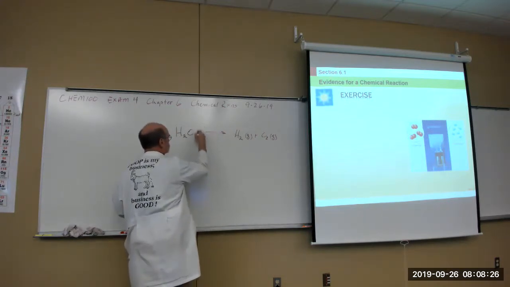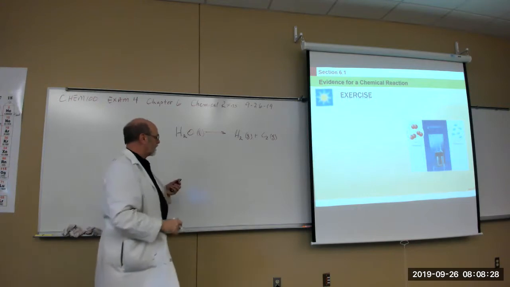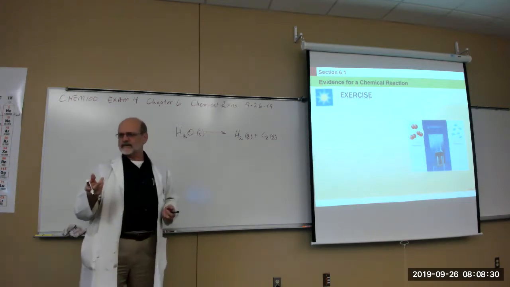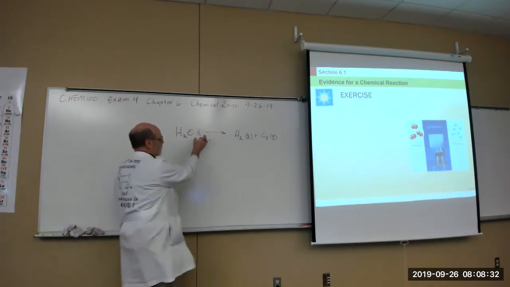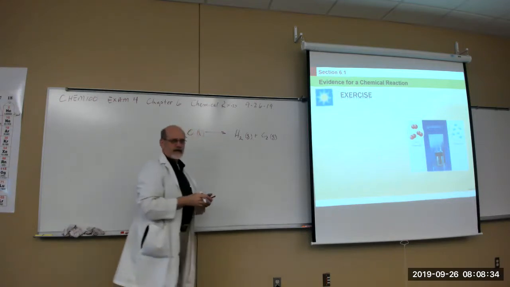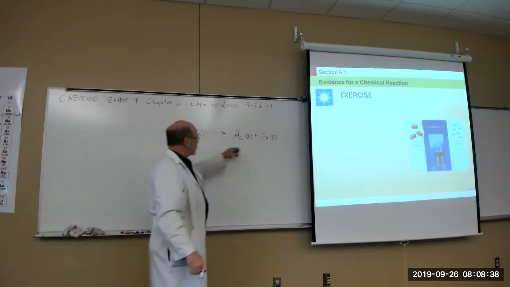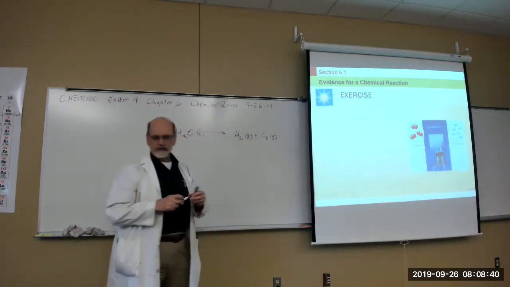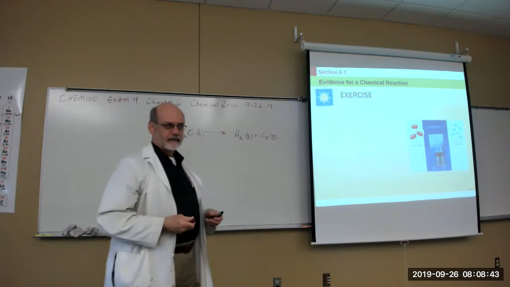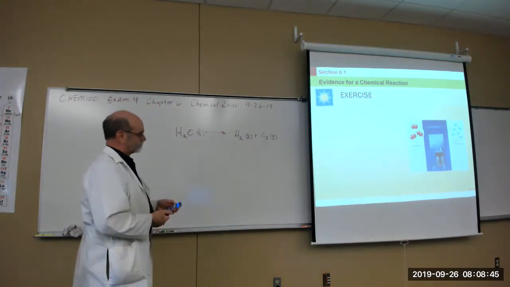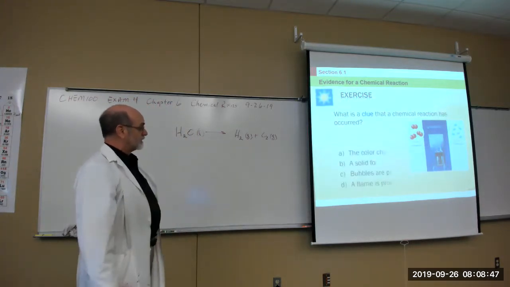This is your liquid. And have I explained that to you guys yet, the parenthetical phase indicators? Okay. So in this case, we see a gas forming, and that indicates that there's a chemical reaction going on.